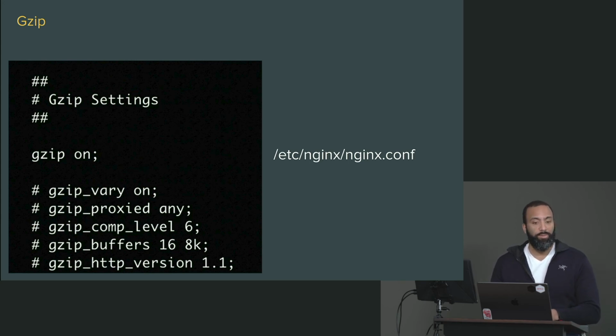We can adjust our Gzip settings in /etc/nginx/nginx.conf. You scroll down to Gzip, and you can set the level. Now, the temptation is always to turn up the compression level, which stays at about 6 by default. You want to say, oh, I want to turn it up to 9, which is as high as it goes. But remember, that means every single connection coming into your computer needs extra CPU power to do that compression. It's got to take those files and compress them, and it's got to decompress them the other way as well.